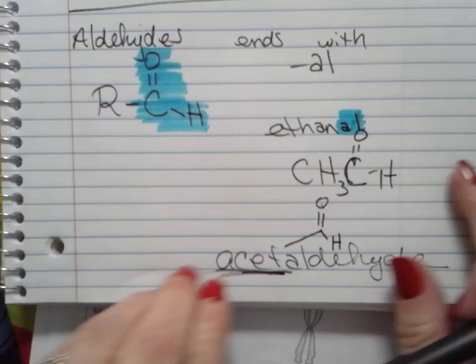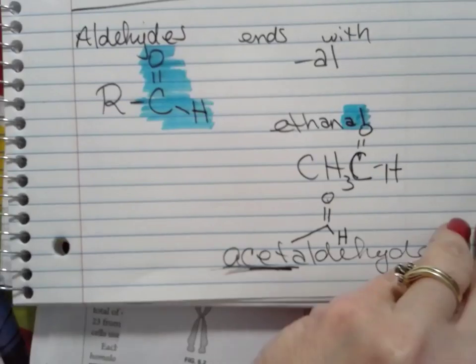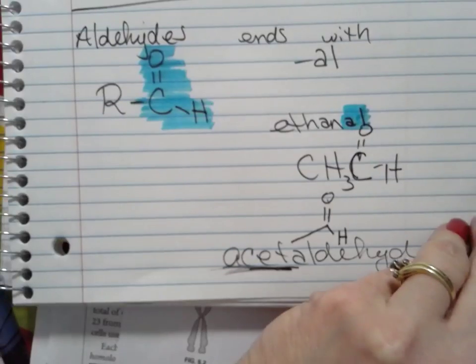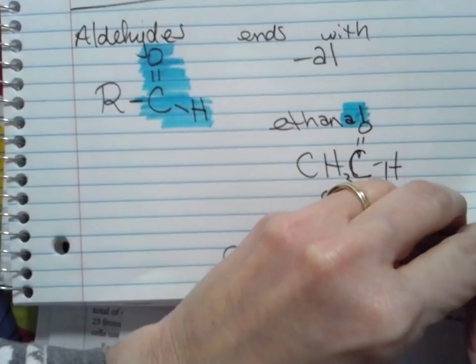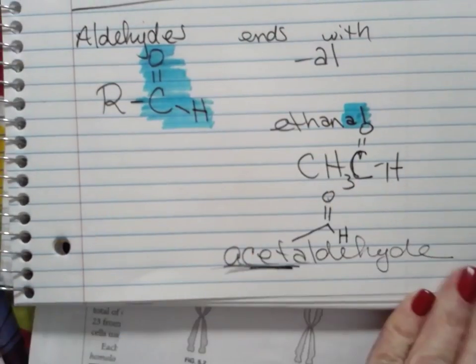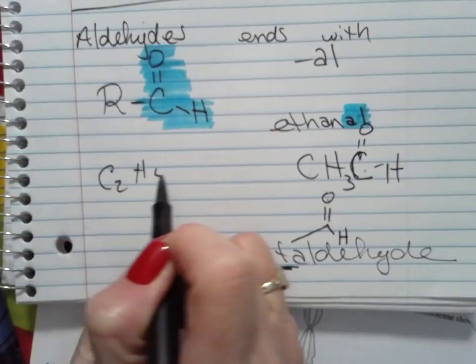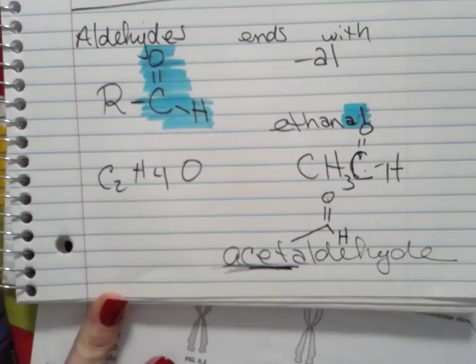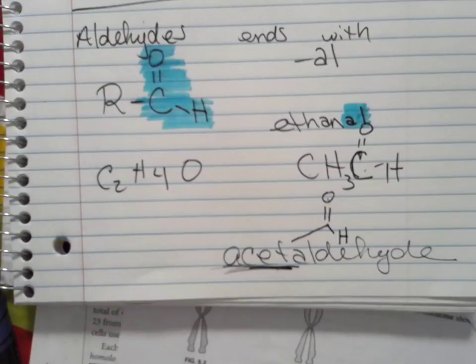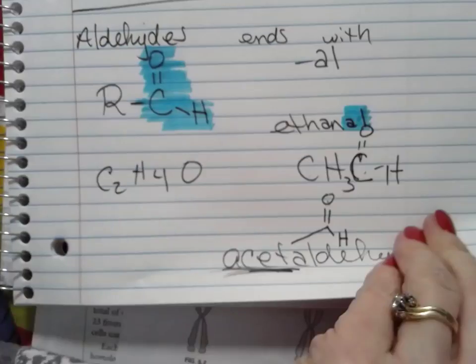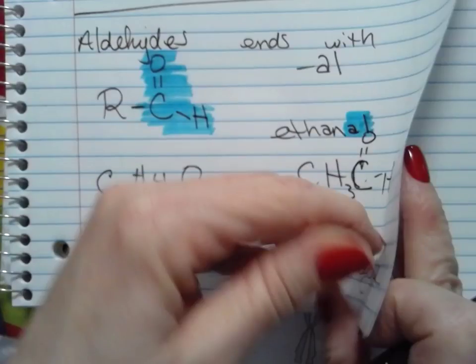Okay, the next one would be C2H4O, and that would also be the empirical formula because it can't be reduced down any. All right.